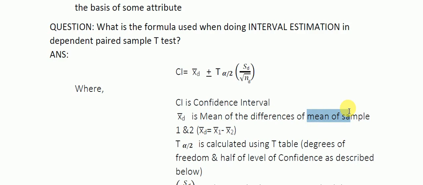We have these two individual means, and then we calculate a mean of those means. So basically we add them up and divide by 2. So this is how it works. CI is the confidence interval, x bar d is the mean of the differences of the sample means. So basically we'll have to calculate the difference of both of them, and then we'll have to divide by 2. So this is the mean of the differences of sample means. But we'll see in detail how it works.